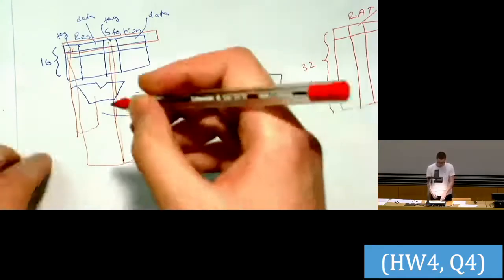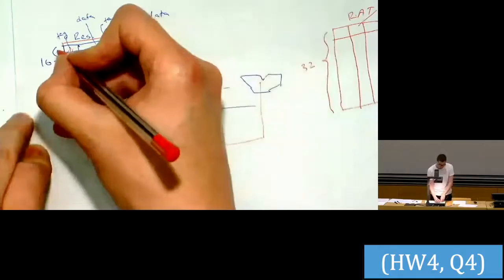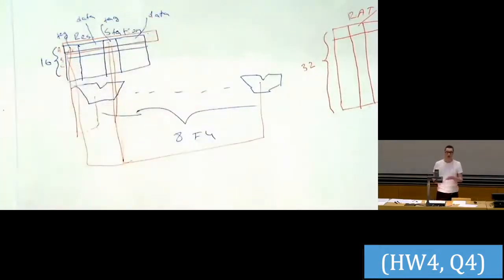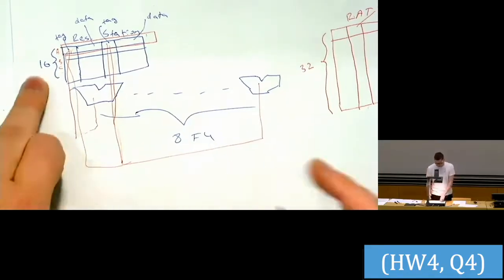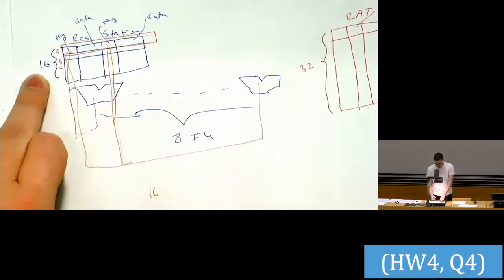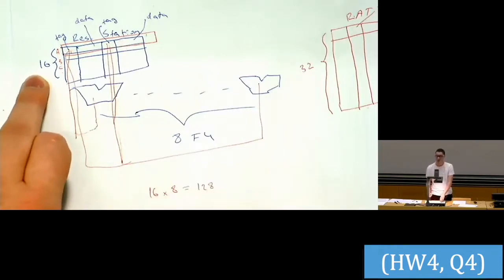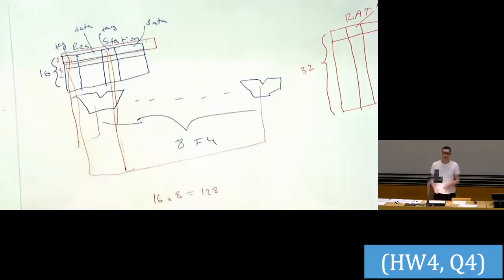You can remember from the slides that we address those as A, B, C, etc. Those are the addresses of those entries, and you need as many addresses as the total number of entries you have in your system. So there are 16 entries in a single reservation station, and we have 8 reservation stations in total, which makes 128.